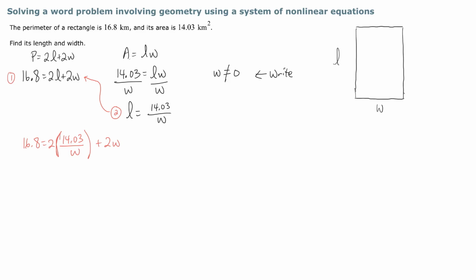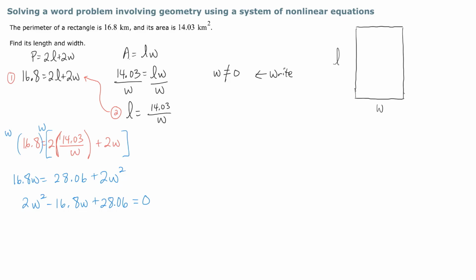So in order to clear fractions, we're going to multiply both sides by W. So now we have 16.8 times W is equal to 28.06 and then plus 2W squared. And not a problem, this is a classic quadratic equation that we could set equal to 0. 2W squared minus 16.8W plus 28.06 is now equal to 0.